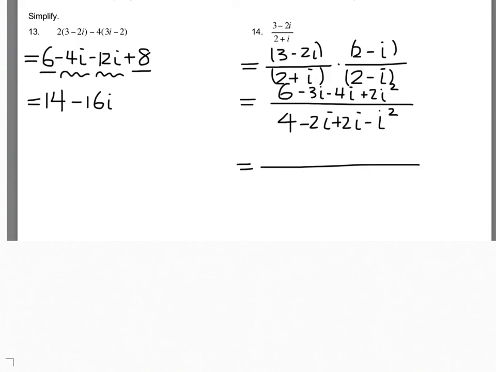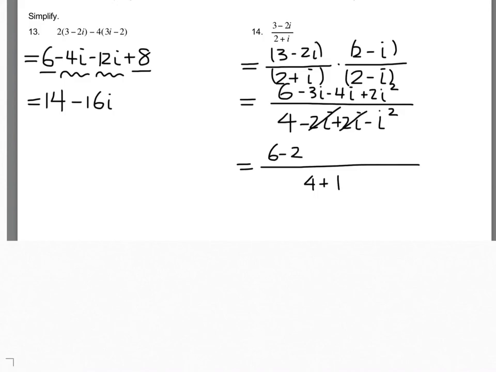So at the bottom, what do we have? Negative 2i plus 2i, so these two are gone. And then minus i squared, so minus negative 1 becomes plus 1. So on the top, what do we have? 6 minus 3i minus 4i. And again, i squared is negative 1, so we have 6 minus 2.